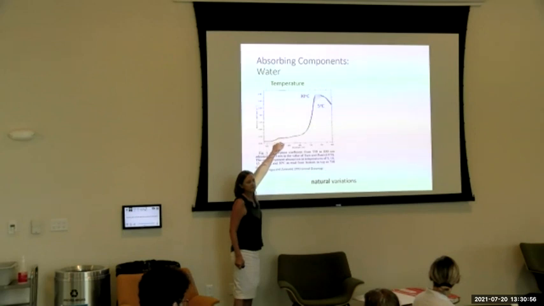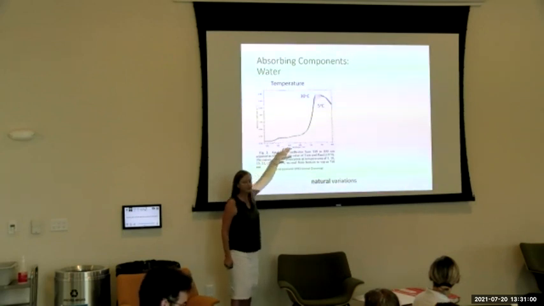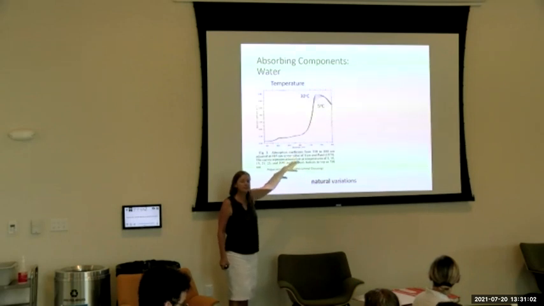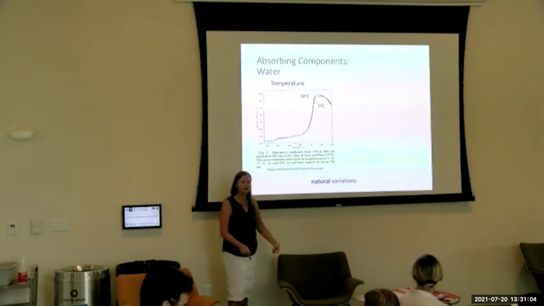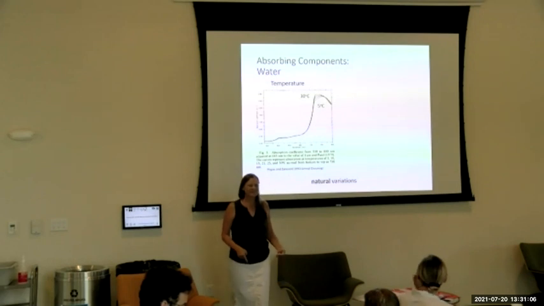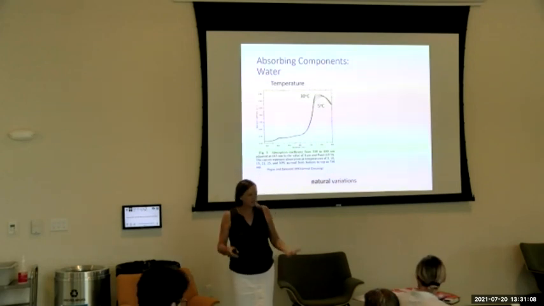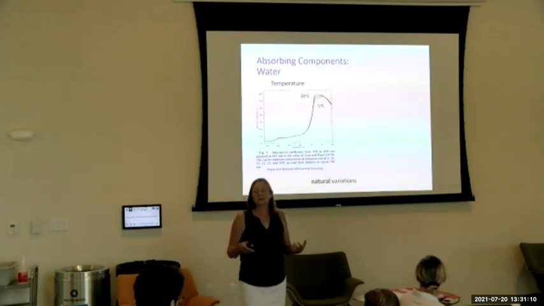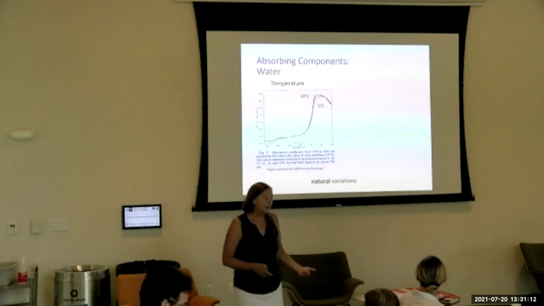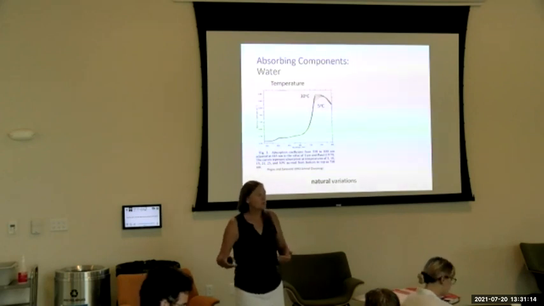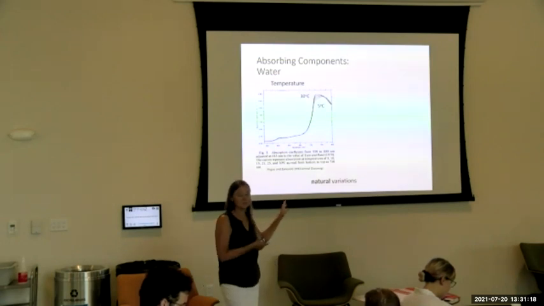It's small relative to CDOM. But if you're out in the open ocean, these are very huge differences. So we have to take into account the temperature of the water that we're measuring. And we calibrate our instruments relative to water. And so we need to know the temperature of the water that we calibrated at. We need to know the temperature of the water that we're measuring, because the differences could be due to temperature.